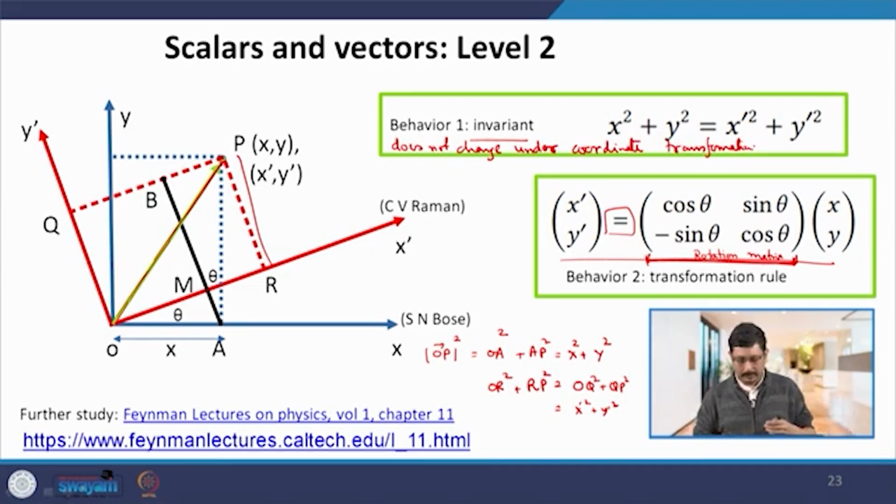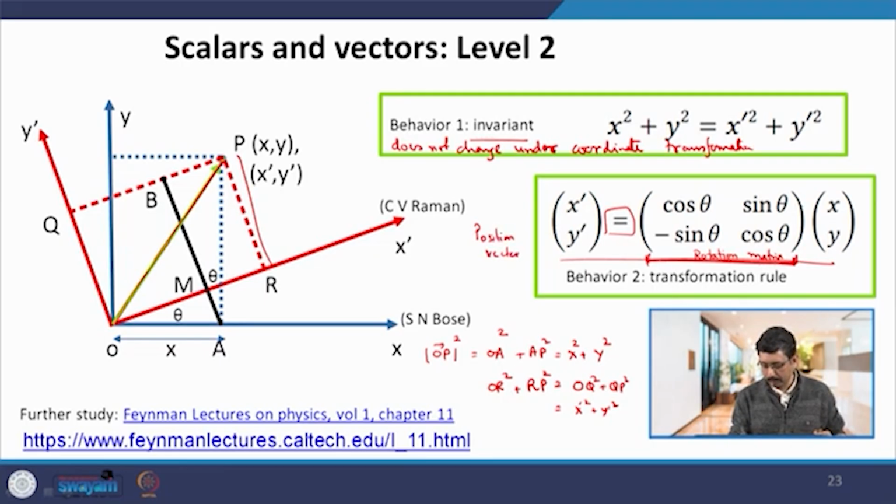There are some other quantities, for example, the position vector, which has two components, the x component and the y component, and they do change.